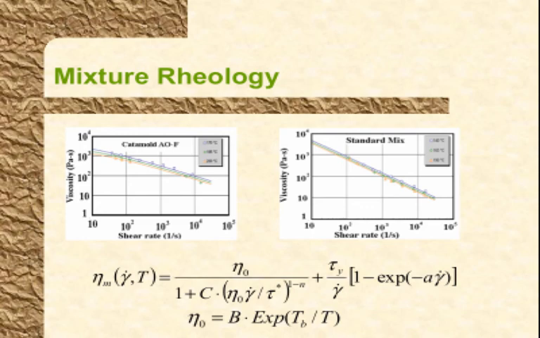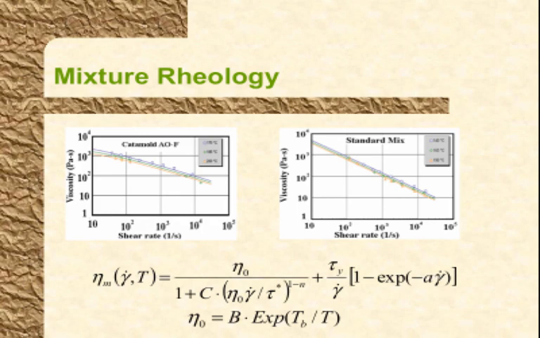In all cases, as you increase the shear rate, viscosity goes down. This one seems to have a yield stress. There's some region where viscosity is relatively constant at low shear rates. Also, as you increase the temperature, the viscosity decreases.